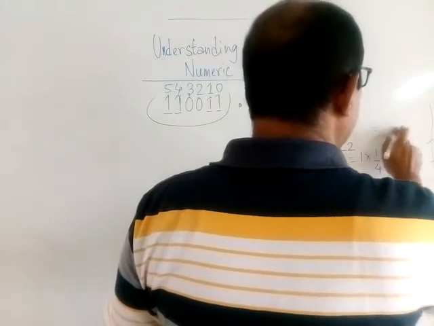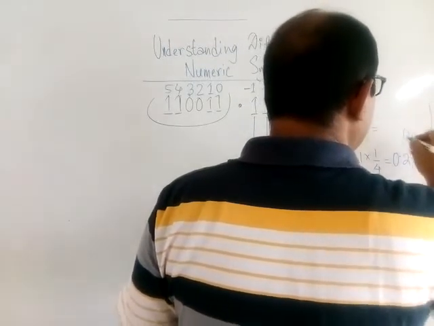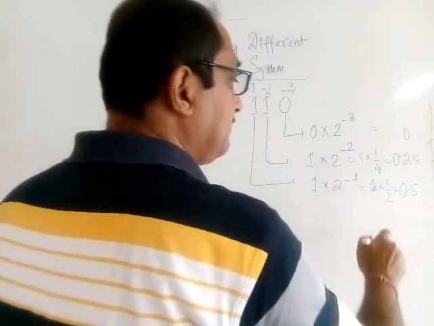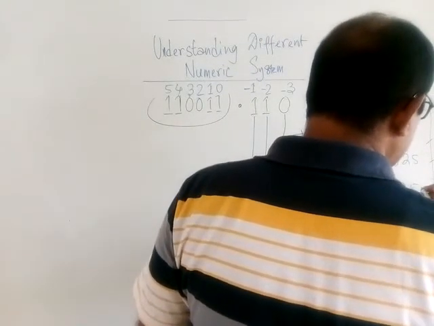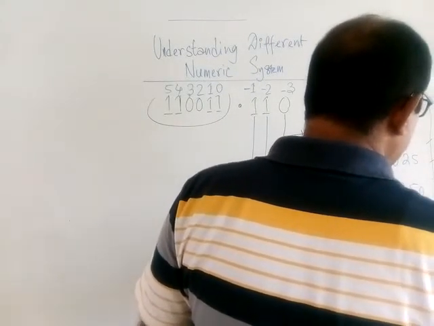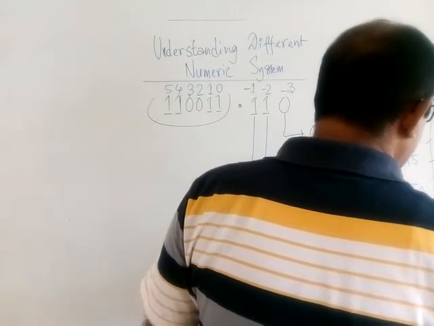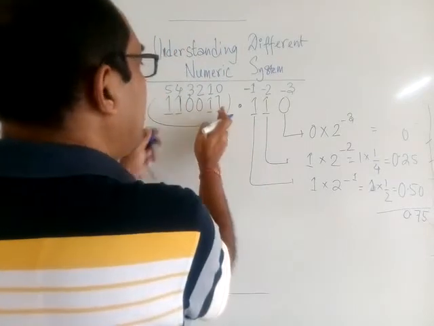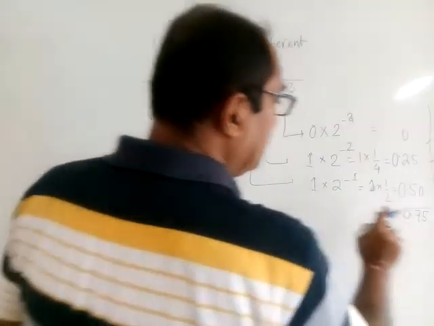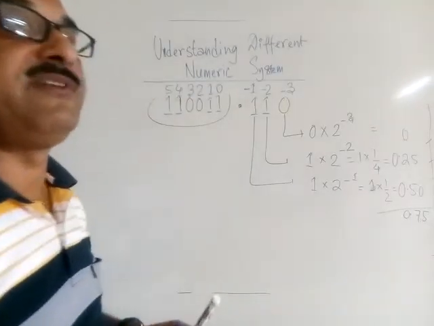So basically we have to sum it up along the decimal points also. 0.5 means 0.50, so I am getting 0.75.